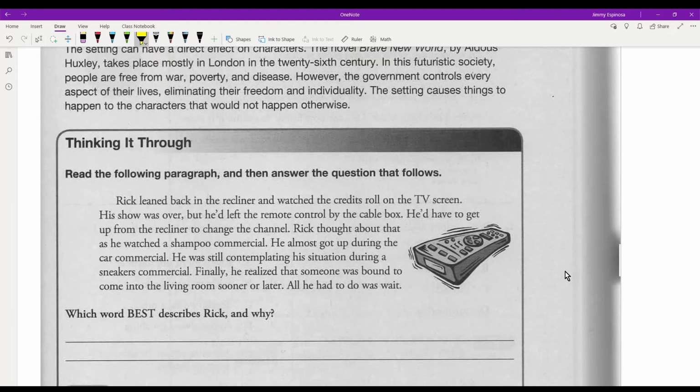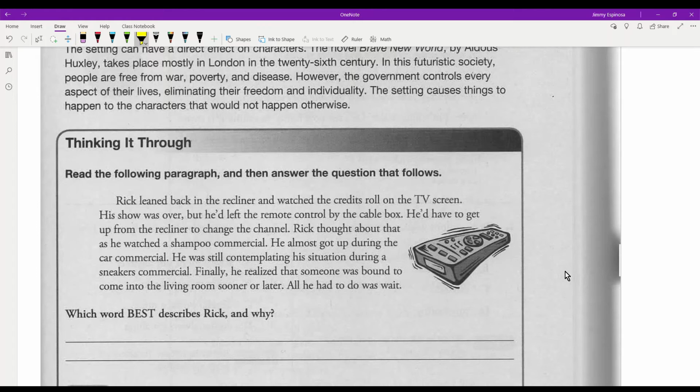Now, obviously there's not a choice of words here. So the trick here is to find a word that best describes Rick and explain why you think that. Okay? Say, for example, you thought that he's lazy. Well, you need to explain why you think he's lazy, and you would use evidence from the text.